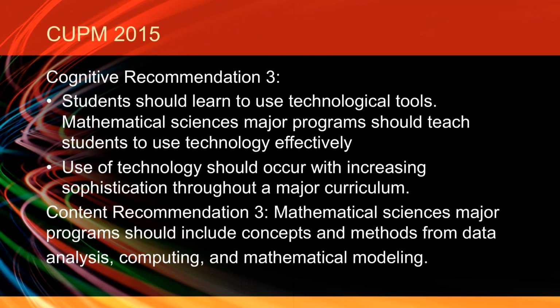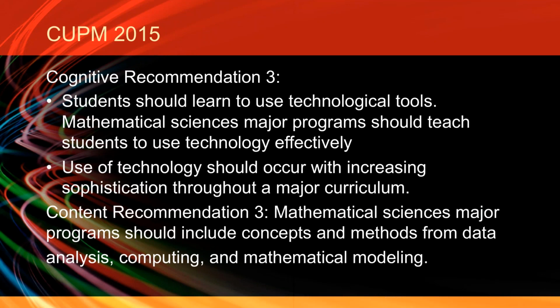This shows up in lots of other areas. I won't belabor it too much. The Committee on the Undergraduate Program in Mathematics has put forward new recommendations for degrees in the mathematical sciences, minor and major programs. One of their recommendations talks about the importance of technological tools, this ability to use technology effectively, that this use needs to occur with increasing sophistication throughout a major curriculum.